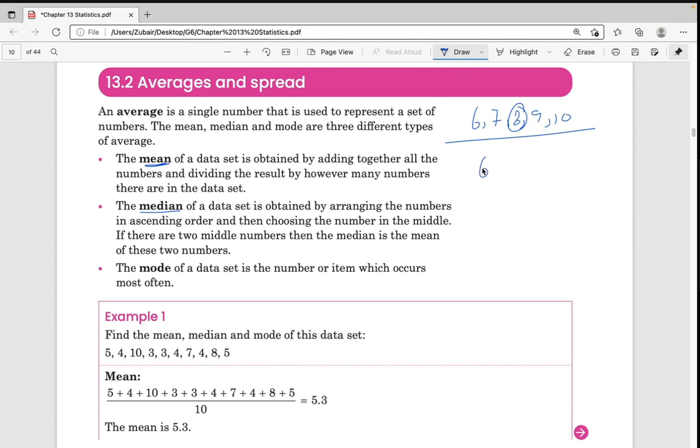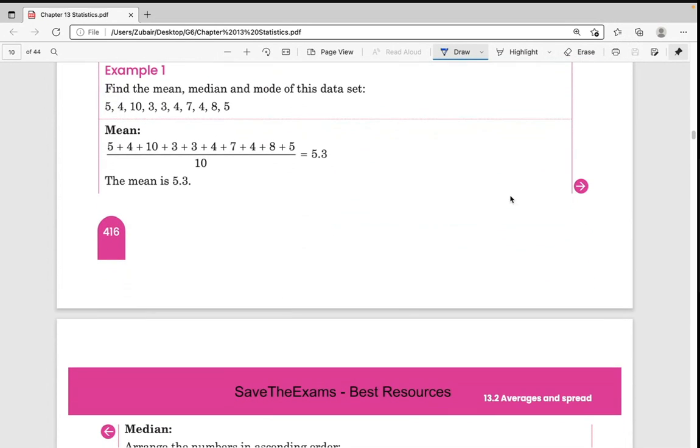But when we write 6, 7, 8, 9, we'll add the middle two numbers and divide by 2. So this will be our median. Mode is the most occurring, most frequent number. Let's do the example question before we jump to the exercise.